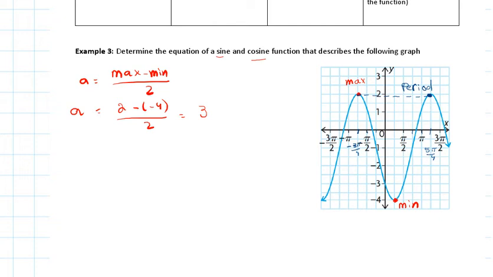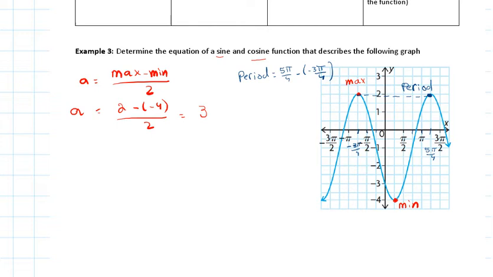So the period is 5 pi over 4 minus negative 3 pi over 4. Always, to find the period, you take the last value and subtract the first value.